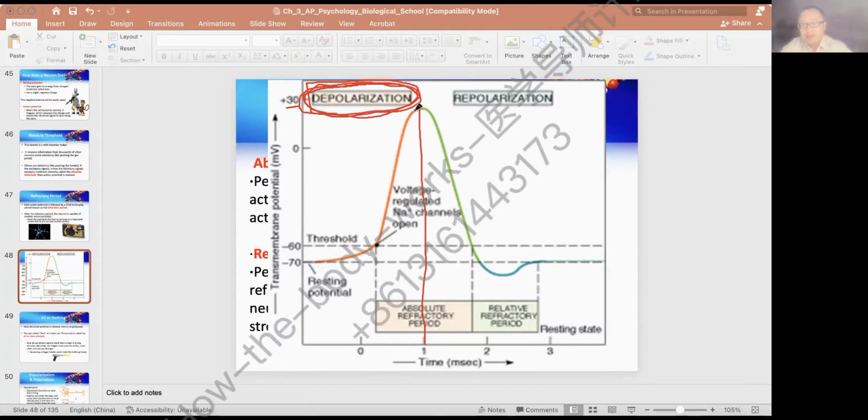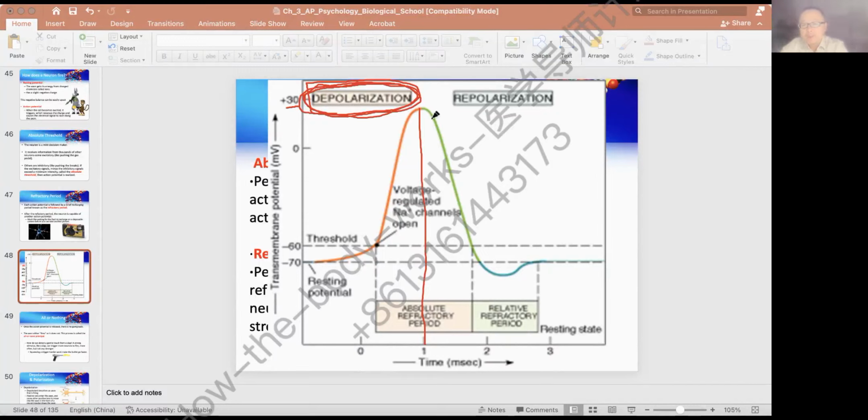The polarity has been changed, moved from negative to positive. So this process is called depolarization.